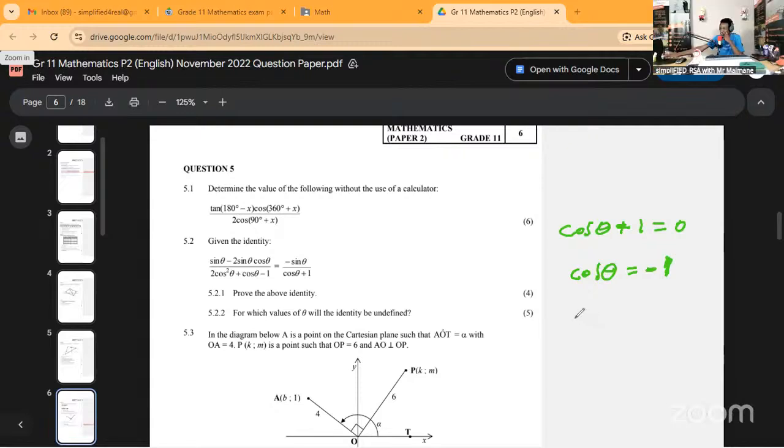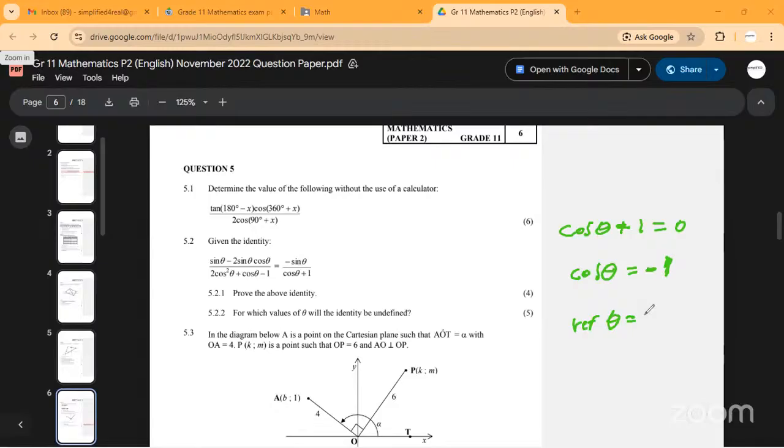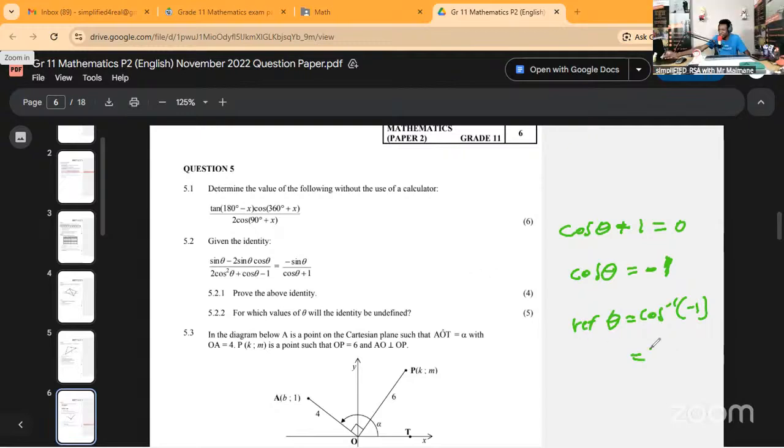If that's the case, then what would be the reference angle of theta? It would be 180.